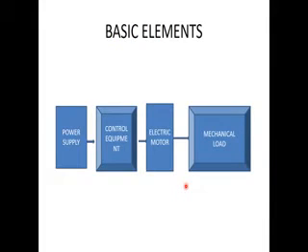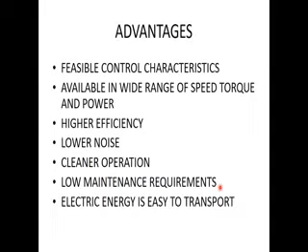So this is the simplified diagram: power supply, control equipment, electric motor, and mechanical load. The feedback and the control unit are not shown in this diagram. So, advantages of electric drive.